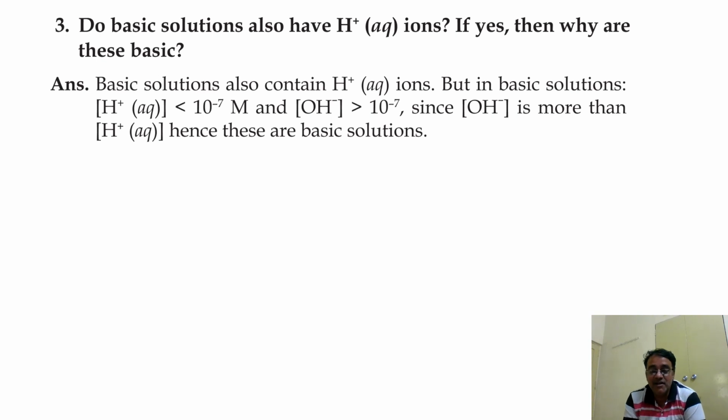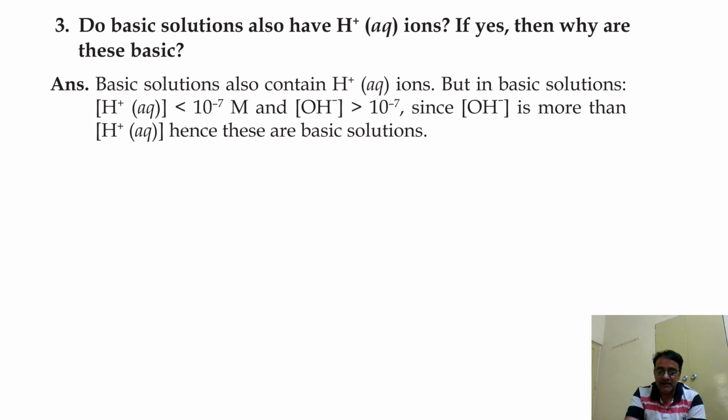Since OH minus ions are more than H plus ions, hence these are basic solutions. In basic solution, if OH minus ions are more then it is basic, if H plus is more then it is acid, right? So what we have to say here is that in basic solution H plus ions are very few, very low compared to the concentration of OH minus.